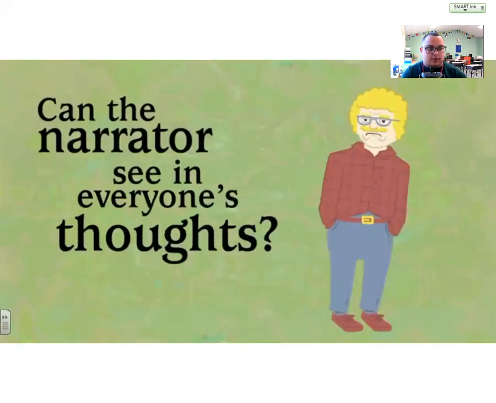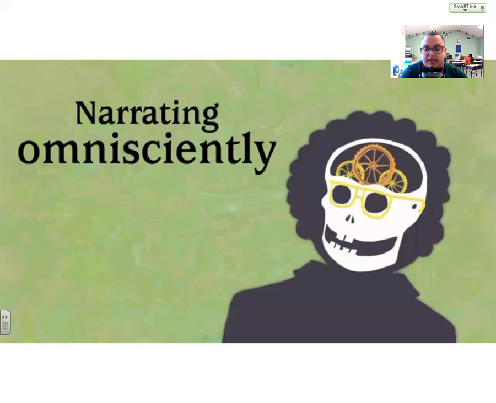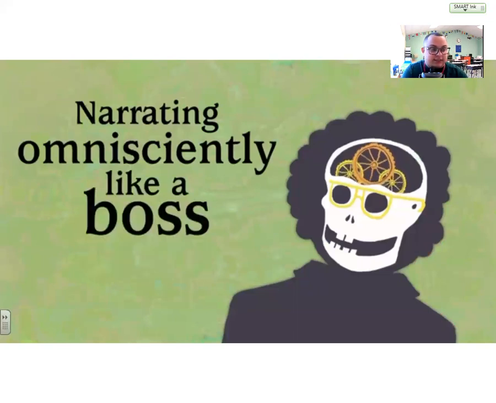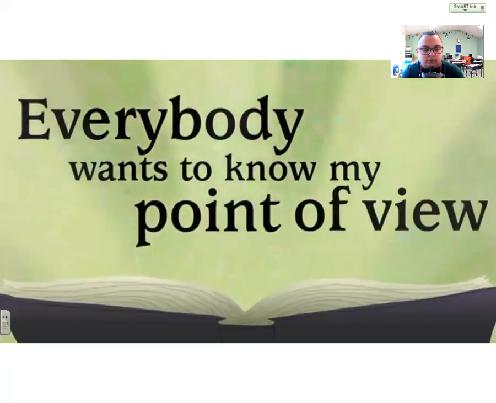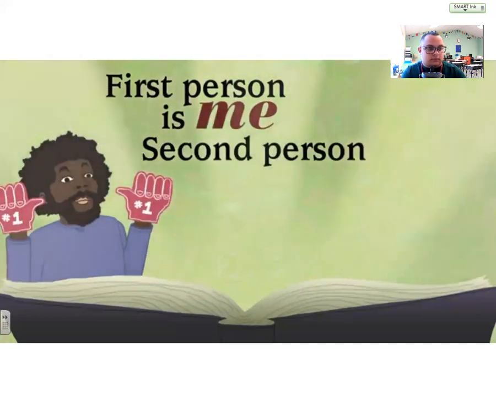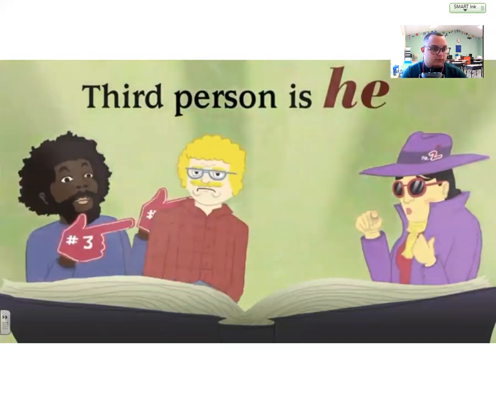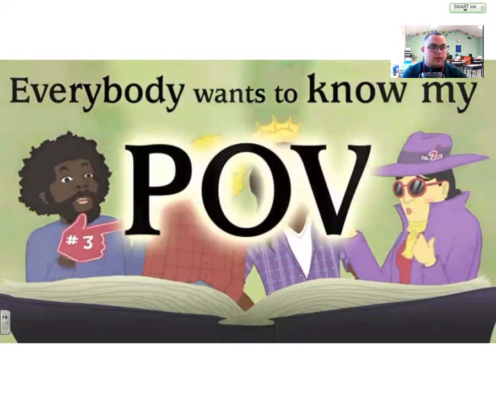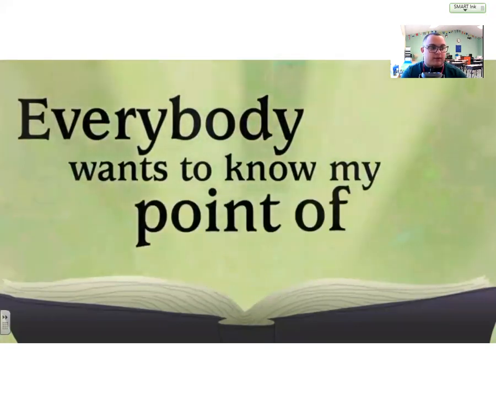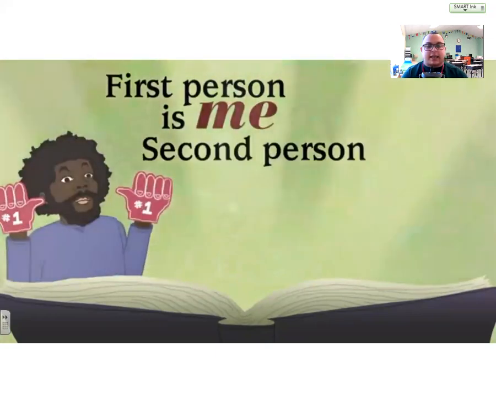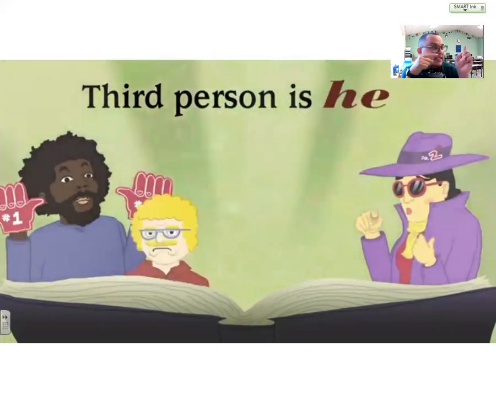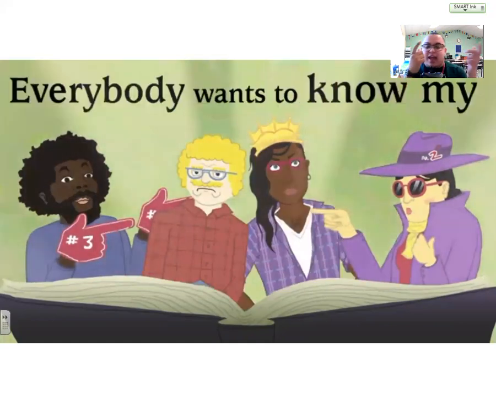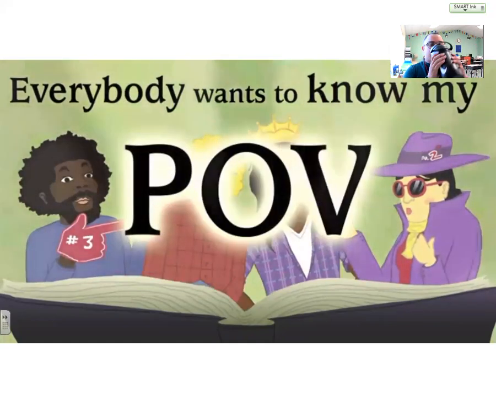Can the narrator see in everyone's thoughts? Narrating omnisciently like a boss. Everybody wants to know my point of view. First person is me, second person is you. Third person is he, third person is she. Everybody wants to know my POV.